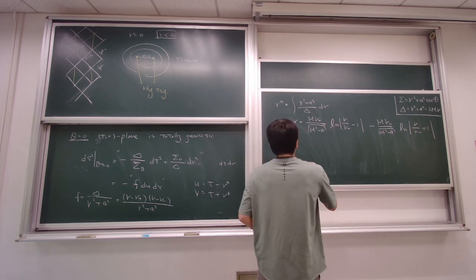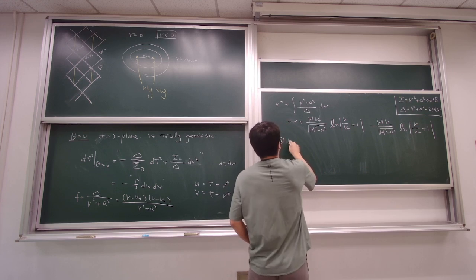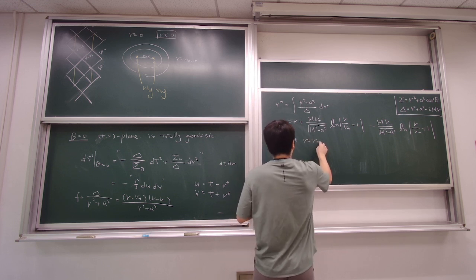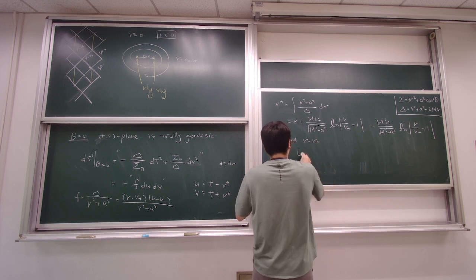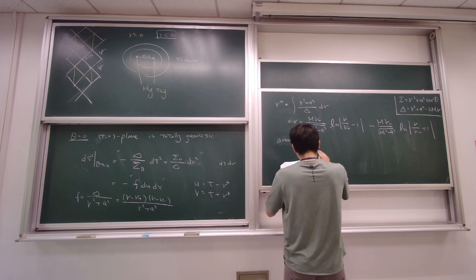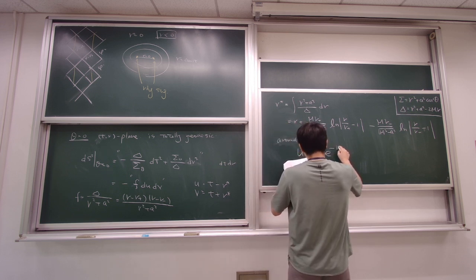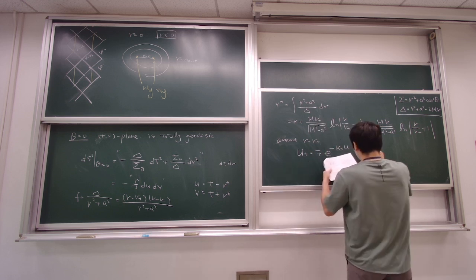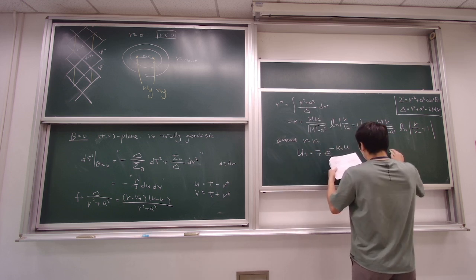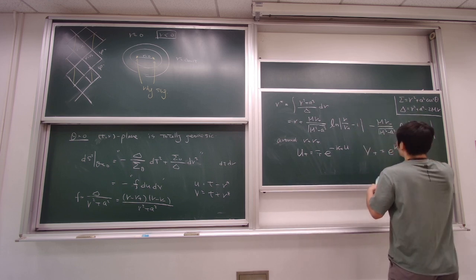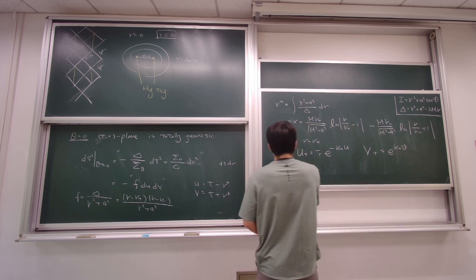Around r equal to r plus, we can define U plus as something like minus plus e to the minus kappa plus u, and V plus is e to the kappa plus v, and so on.